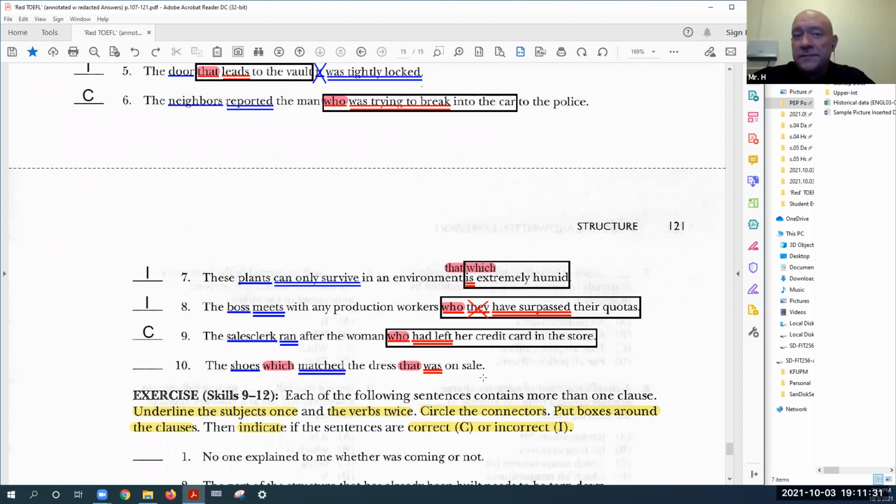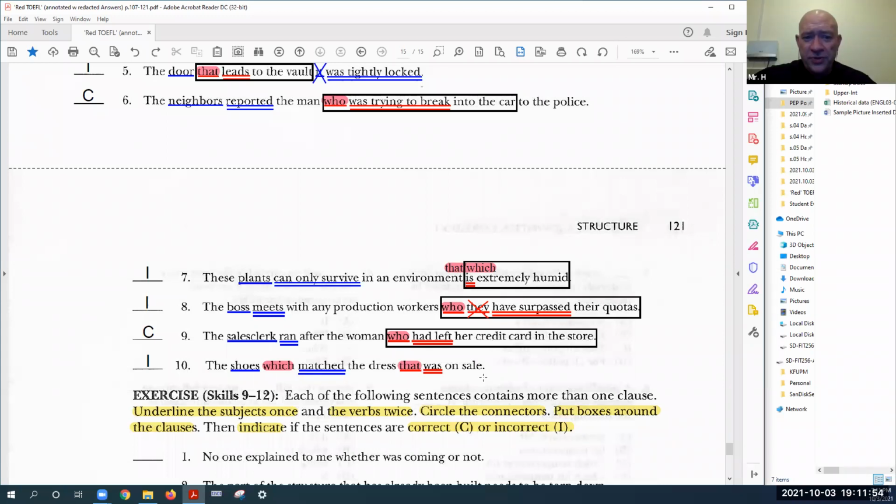Is it? Or is it the connector? Oh, it's the connector and the subject at the same time. So how do we fix this example? This is incorrect, obviously. How do we fix it, though? That's the question. We should delete the dress.